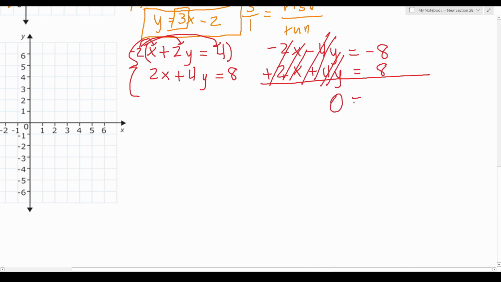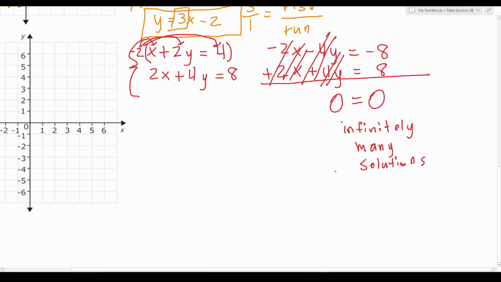So we have 0 on this side, and we have -8 plus 8, which is also 0. All right, so unlike the previous problem where we had a false value equal to 0, now we have a true mathematical statement, notably 0 equals 0. So in this case, we have infinitely many solutions.